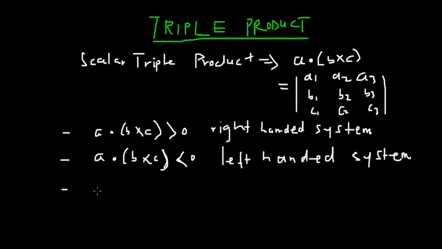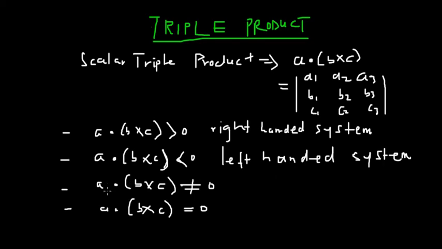Whenever you solve for a scalar triple product and your final answer is not equal to 0, that principle is what we refer to as linear independence, or non-coplanar. So that scalar triple product is linearly independent.